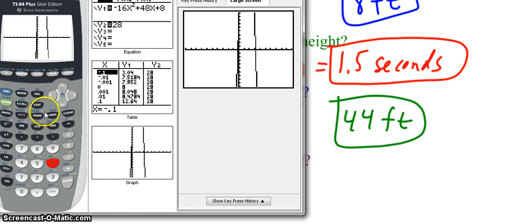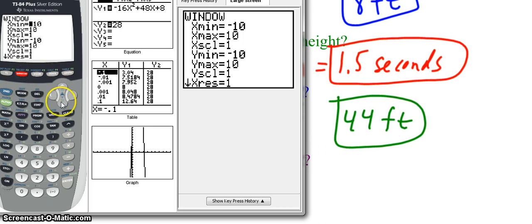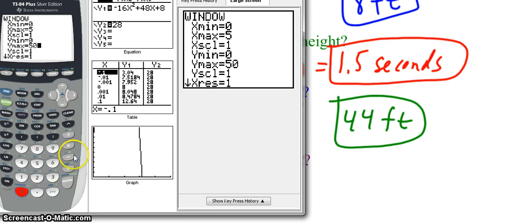That doesn't totally help me, so I need to adjust my window. We know that the x is time, so I don't care about negative time. I know that it hit its maximum at 1.5 seconds, so let's go to 5. And then the y minimum is height, so that we don't care about. And for y max, we know that it went to 44, so let's go to 50.